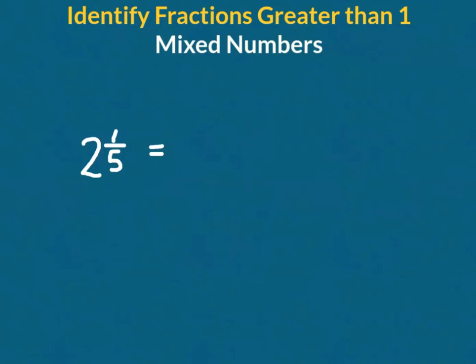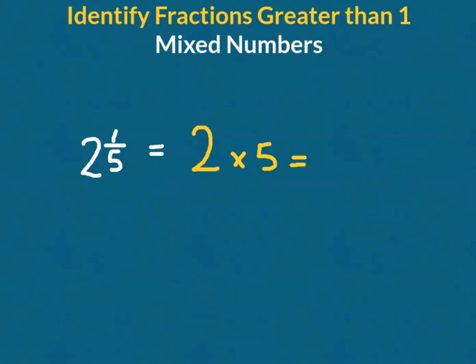Let's look at how we convert a mixed number into an improper fraction without having to use a visual representation. We'll use the same mixed number, 2 and 1/5. We multiply the whole part, 2, by the denominator, the number of parts.